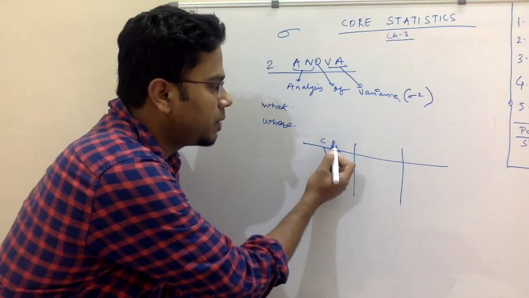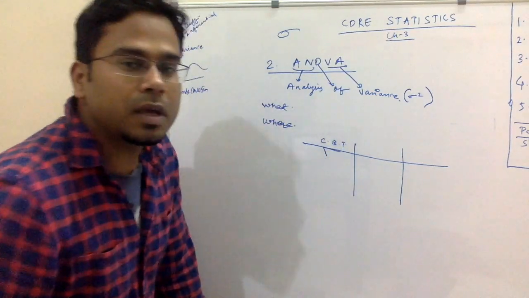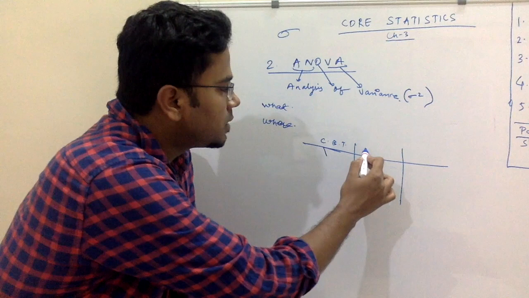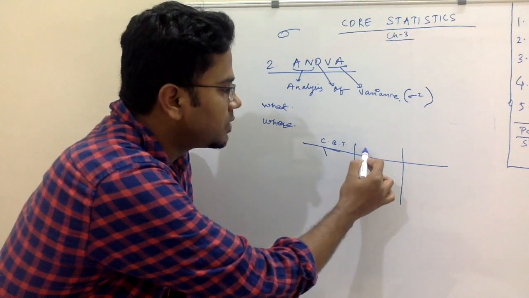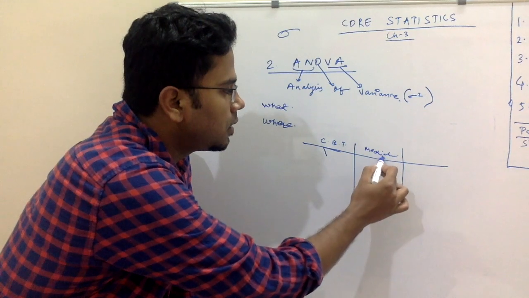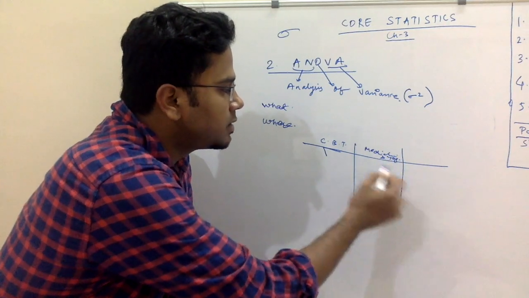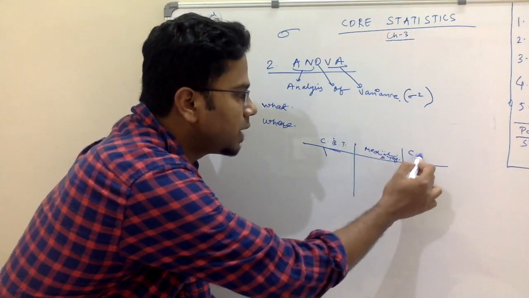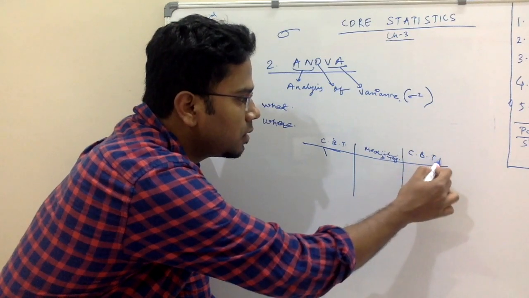One is cognitive behavioral therapy, another is, let's say, meditation and yoga, and the third is a combination of these two, like CBT plus yoga.